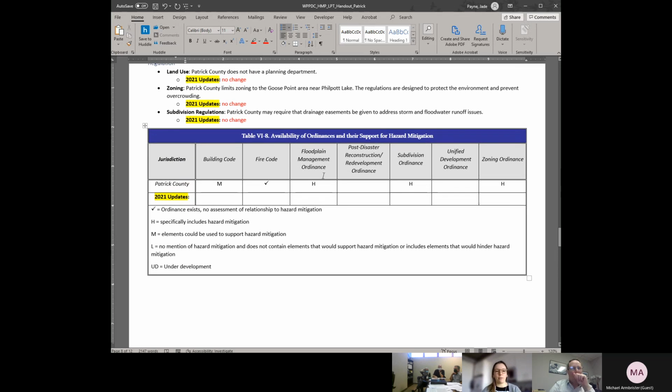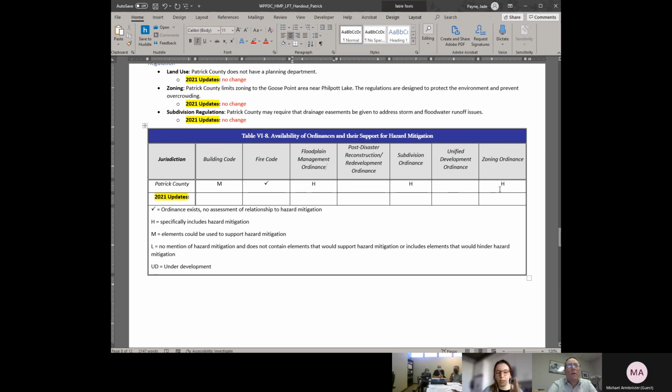So this next table is availability of ordinances and their support for hazard mitigation. So we have some letters here. The building code has an M, so that means elements could be used to support hazard mitigation. Your floodplain management ordinance has an H, meaning it specifically includes hazard mitigation, and so on.